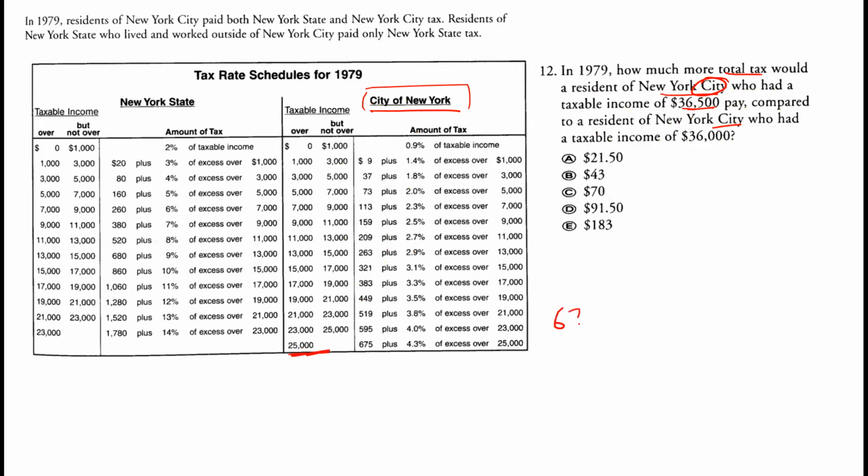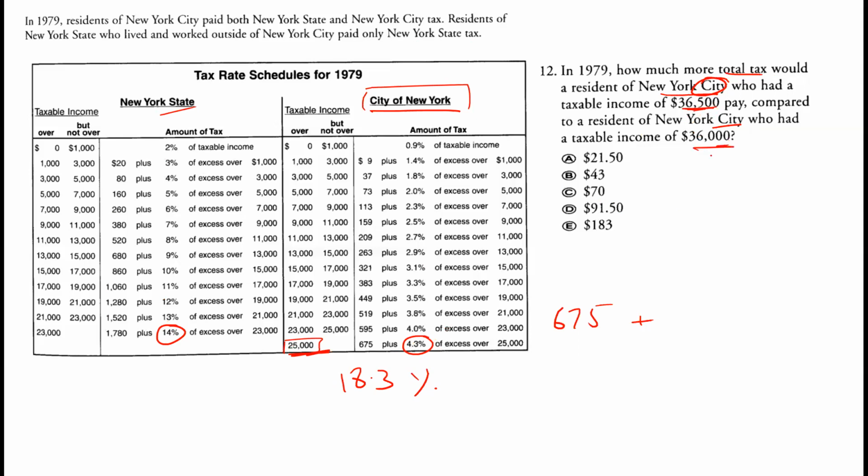You will be paying $675 for sure, plus anything above 25,000, you will be paying not only the state tax but also the city tax of 4.3%. So the total tax you will be paying would be 18.3%. So how much more tax would this person be paying who has a salary of 36,500?